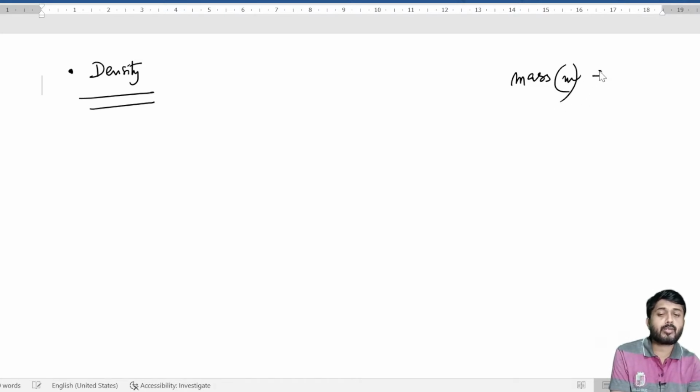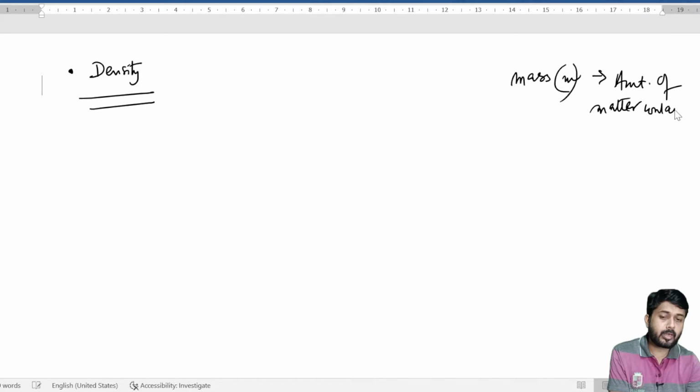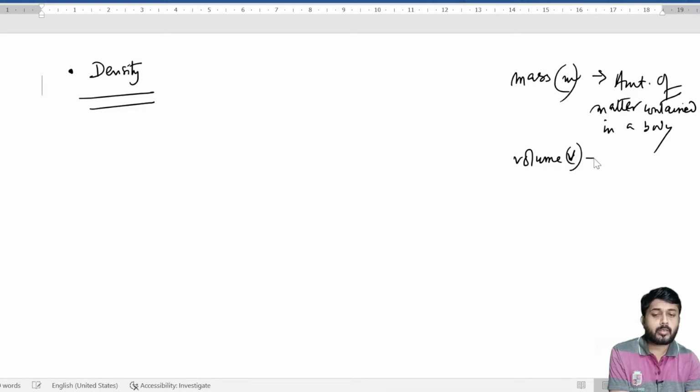Mass is actually the amount of matter or the amount of substance contained in a body. And what is volume? Volume V is the space occupied by a body.